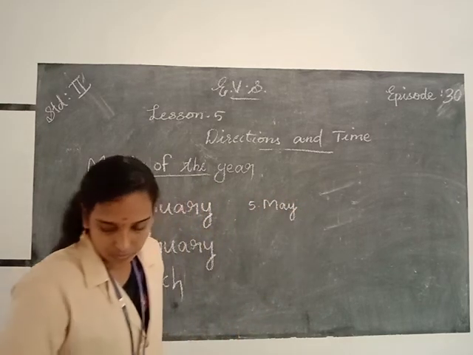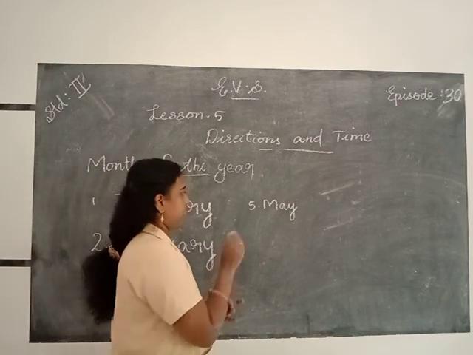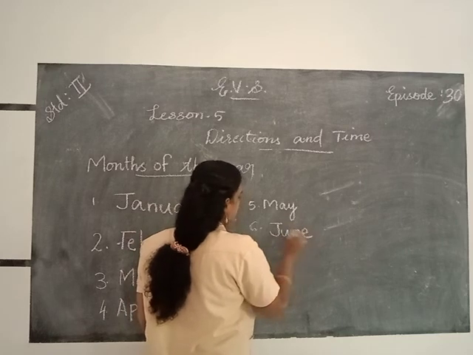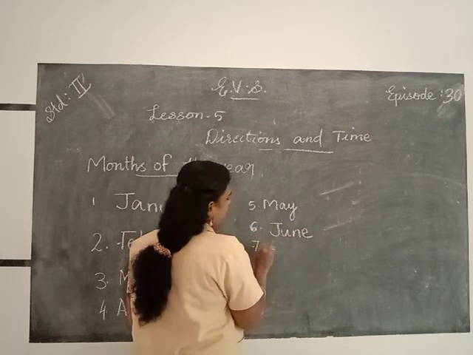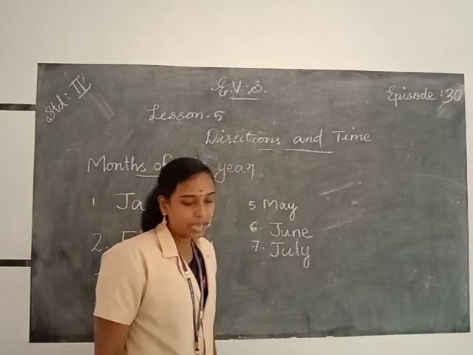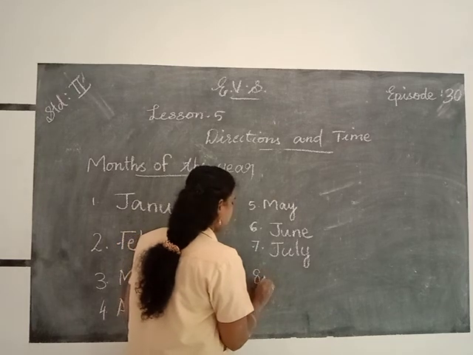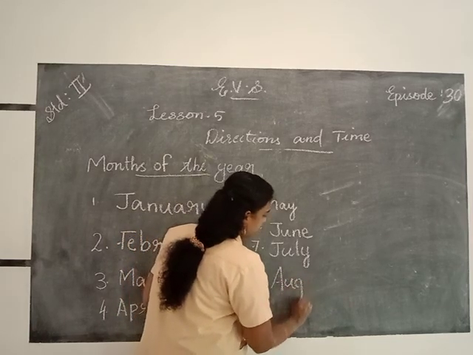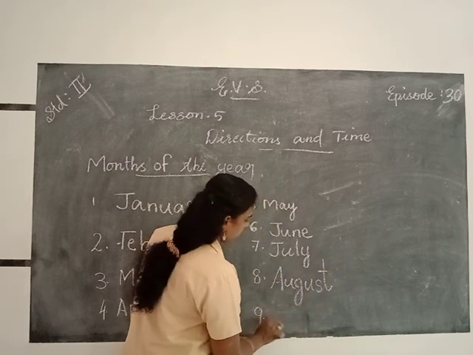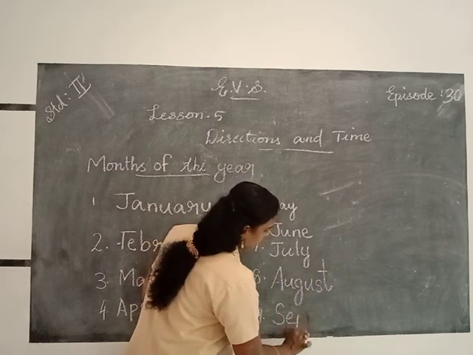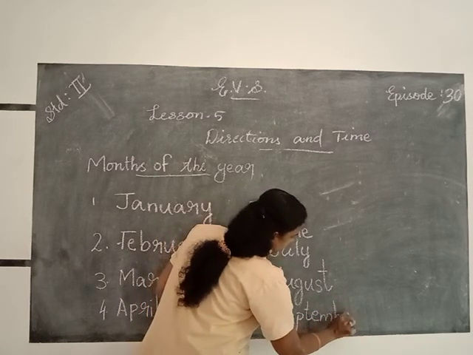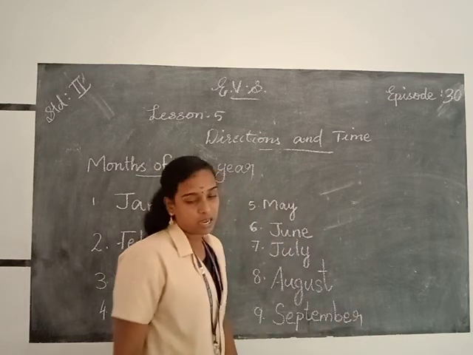May. June. J U N E. June. J U L Y. July. Then August. A U G U S T. August. September. S E P T E M B E R. September.